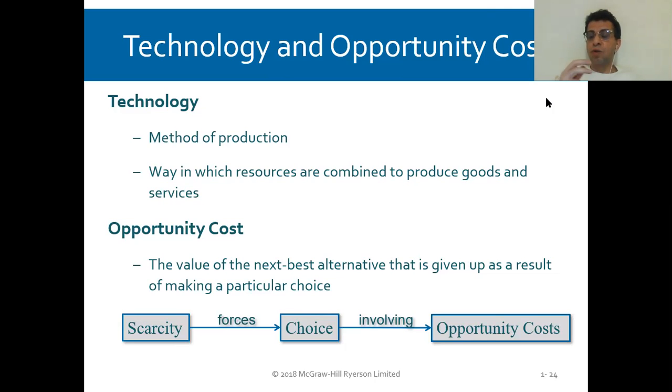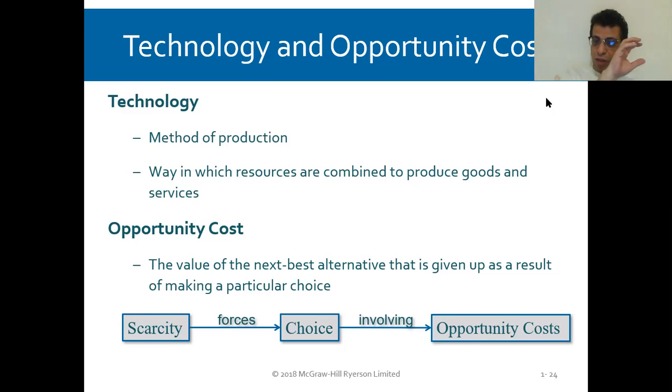Now, if I decided to eat the sandwich, my opportunity cost is going home. So I'm sacrificing something for something based on the choice. The opportunity cost is the value of the next best alternative that is given up as a result of making a particular choice.